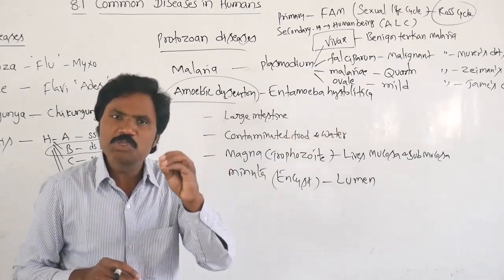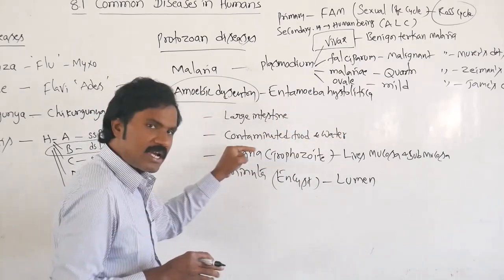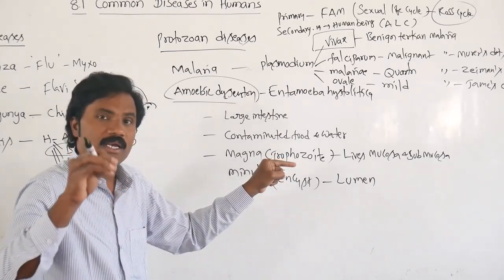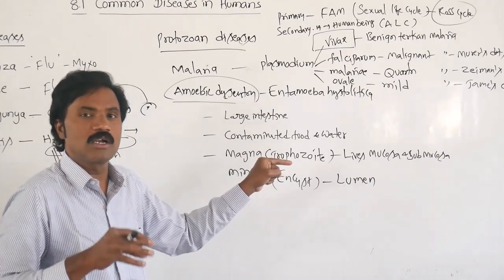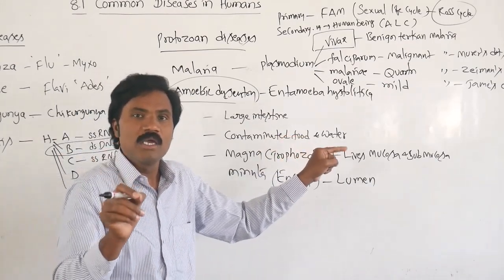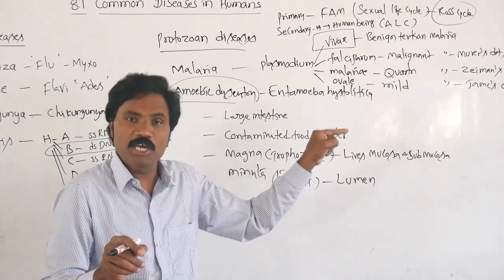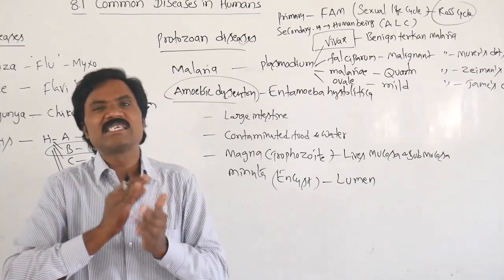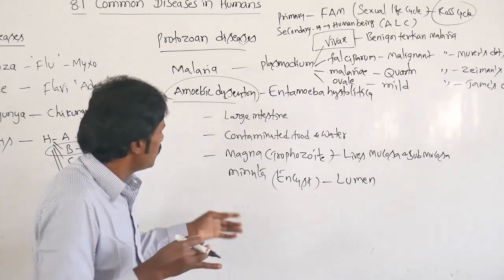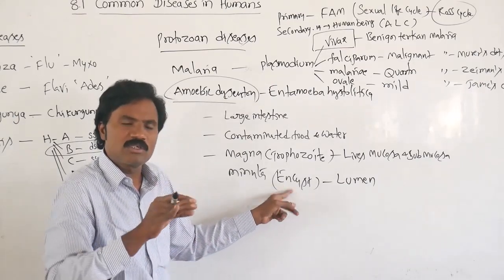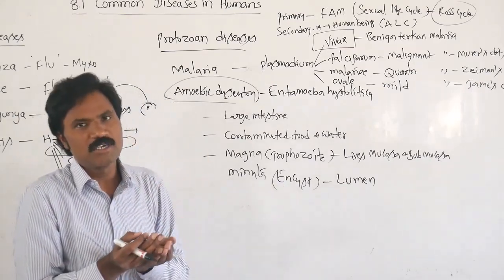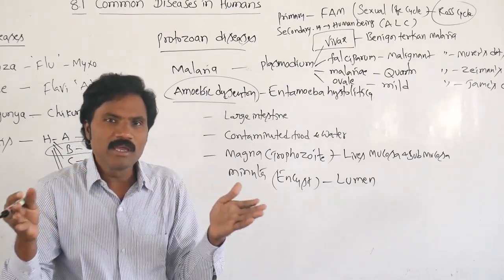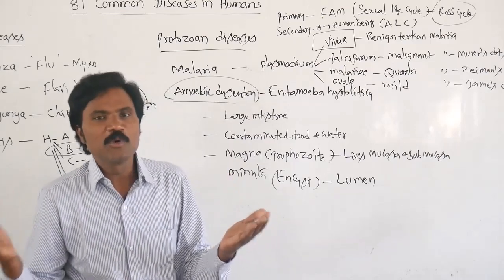The active magna stage takes in RBCs and the mucosa and submucosa present in the large intestine. If it continues, it may cause ulcers. Then the minuta encysts, and cyst formation occurs. During growth and development and cyst formation, binary fission occurs again, separating into magna and minuta stages.